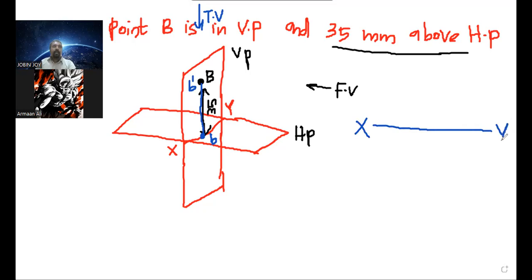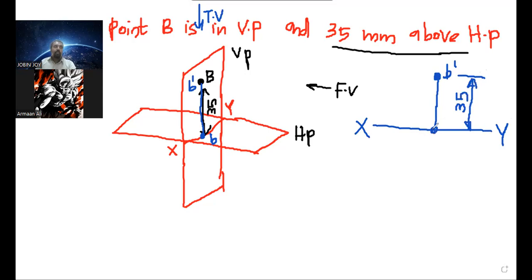Draw the XY line. First, you have to mark the front view. So draw the projector line and mark B dash. B dash is the front view. Front view is at a distance of 35 millimeter above HP, that means 35 millimeter above XY line.